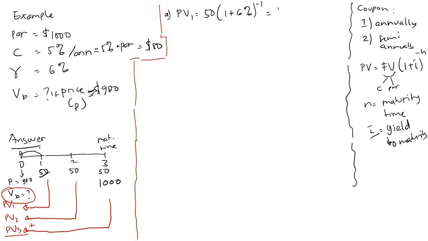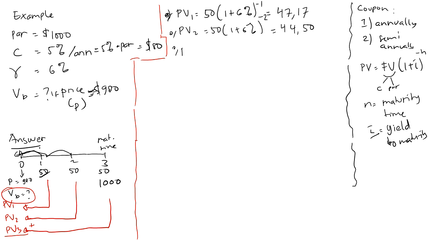It is 47.169, or we round it to 47.17. Next is PV2: 50 times 1 plus 6% to the minus 2. That will give you 44.499, which I will round to 44.50.